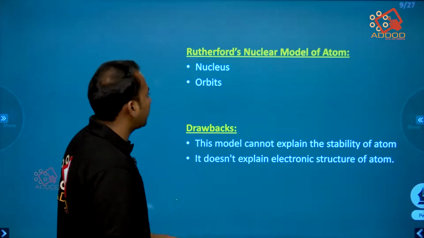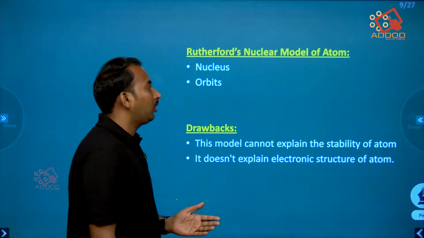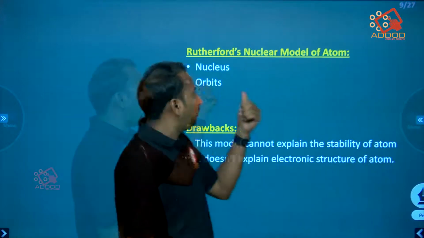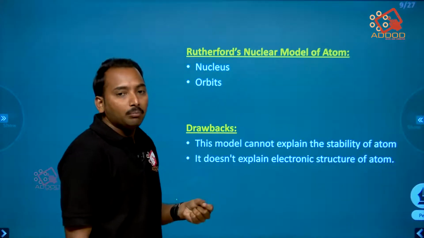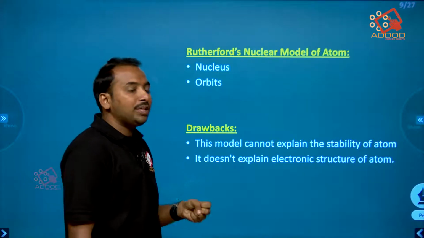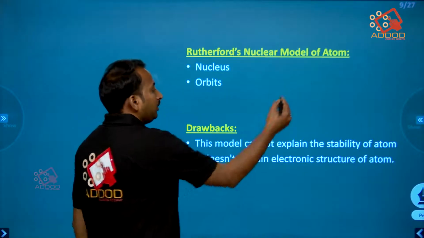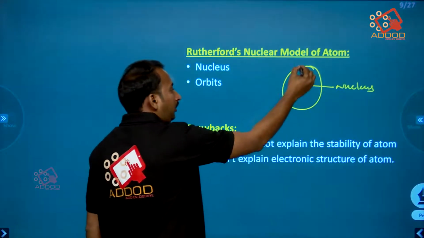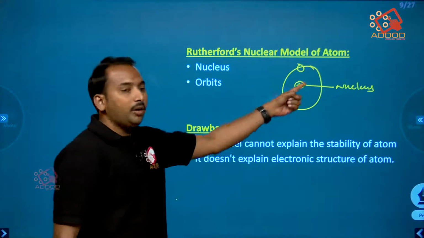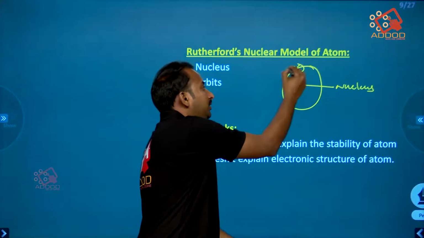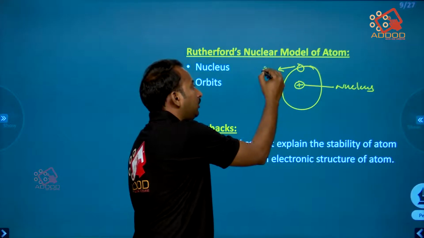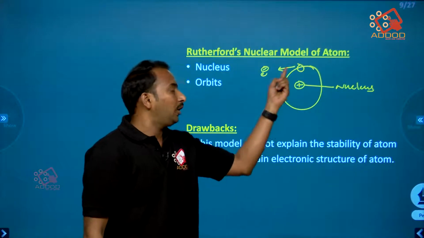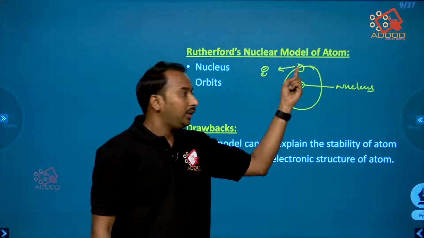From this alpha scattering experiment, Rutherford gave the nuclear model of the atom. So what are the conclusions of the experiment? Most of the mass of the atom and the positive charge of the atom is concentrated in a small region. That small region is called the nucleus, and this nucleus is surrounded by electrons. The electrons revolve around the nucleus at high speed in circular paths.